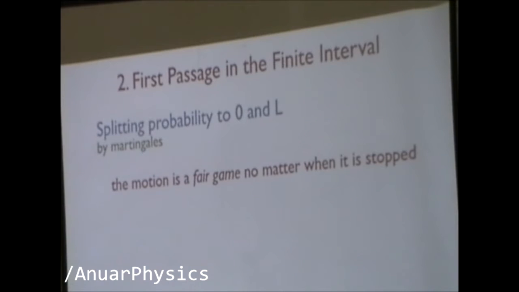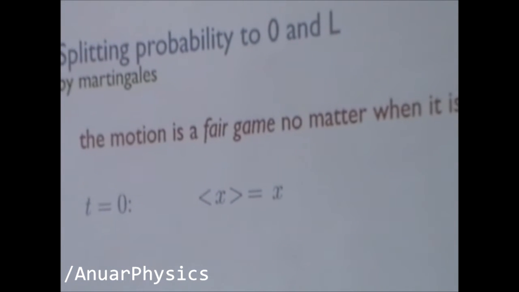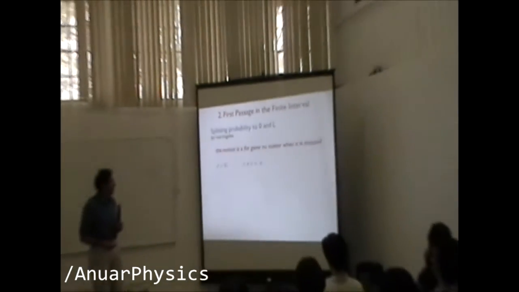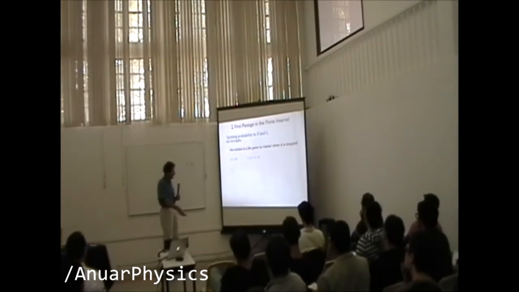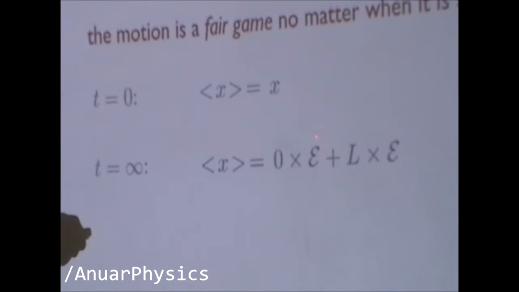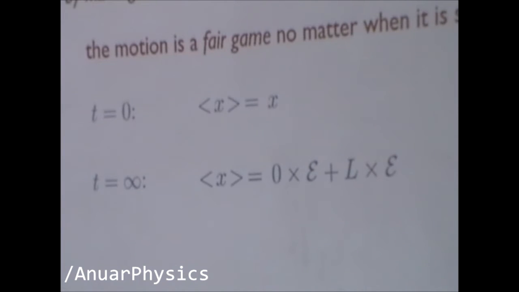So let us compare what happens at the beginning of the process and at the very end of the process. At the very beginning, the average position of the random walker is at the starting position. At the end, there are only two outcomes. Either the random walker is at 0 or he's at L. There's no other possibility. So at the end of the day, you have this, and I see there's a typo in this equation: either you're at 0, and the probability of reaching 0 is 1 minus the exit probability.